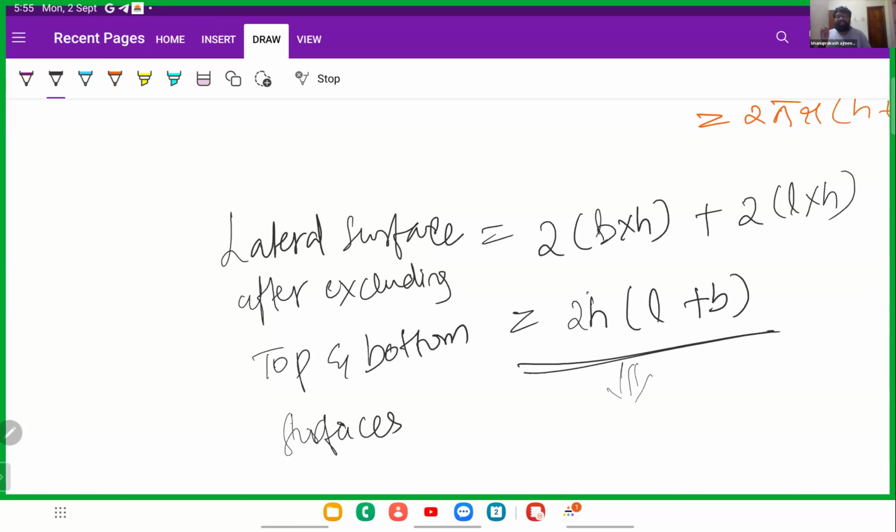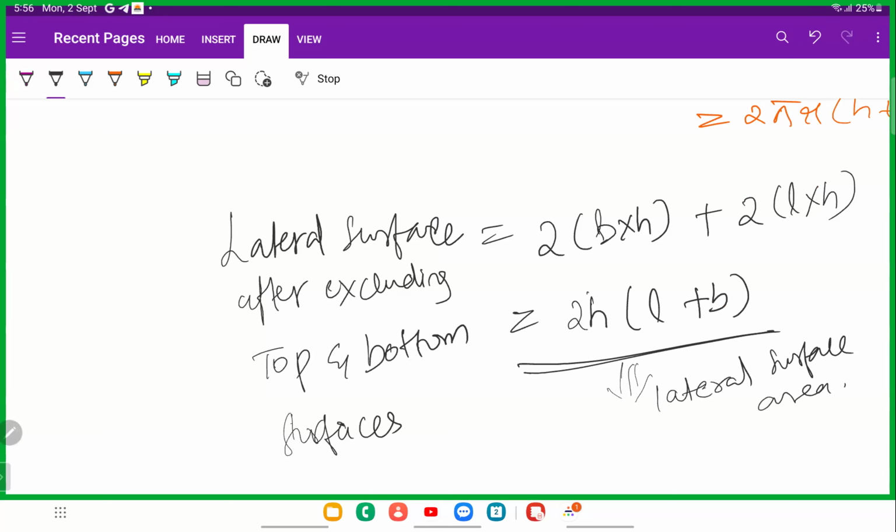So what is lateral surface area? From total surface area, if you subtract top surface area and bottom surface area, that gives you the lateral surface area. Any confusion now?